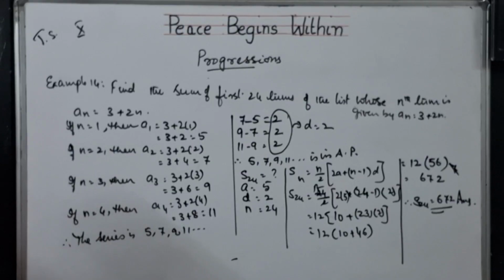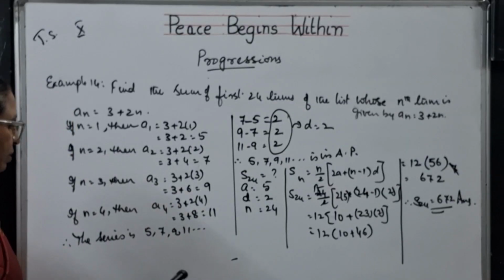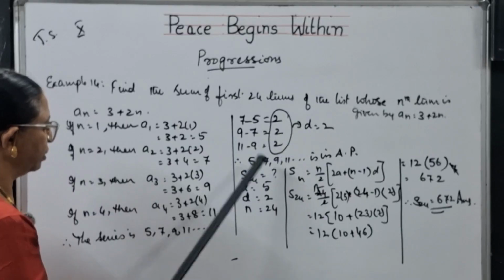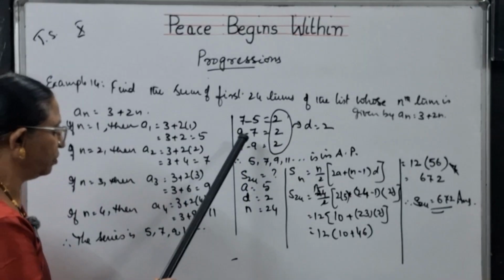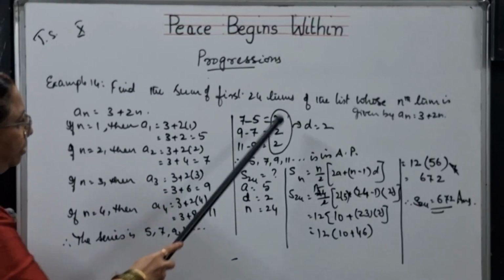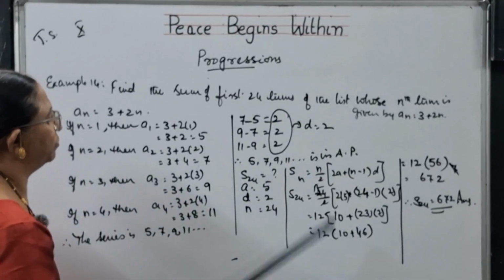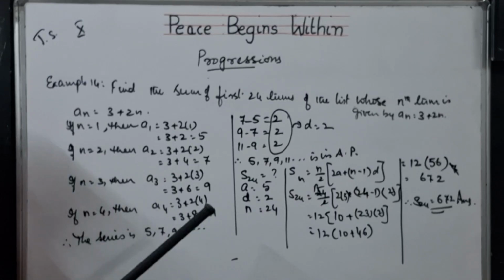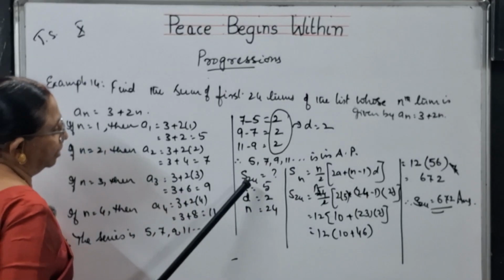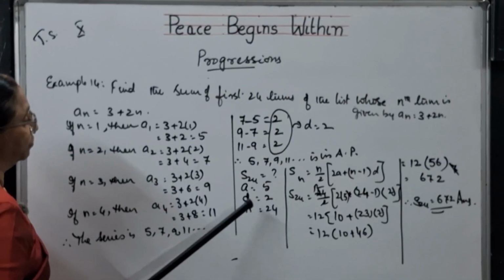First we need to find out whether the series forms an AP or not. So we have found a2 minus a1, a3 minus a2, a4 minus a3. All have given the same common difference 2, therefore this will form an AP.